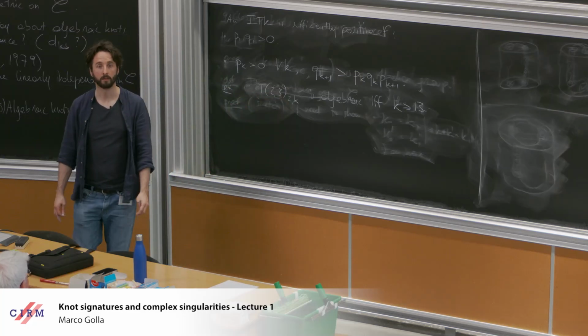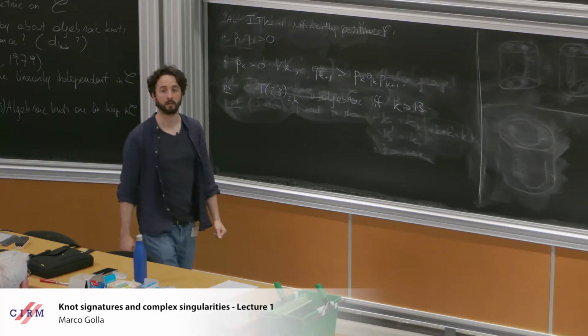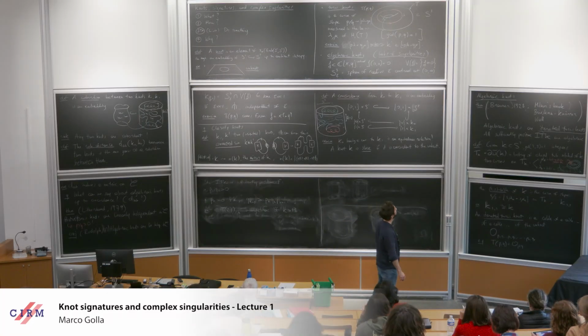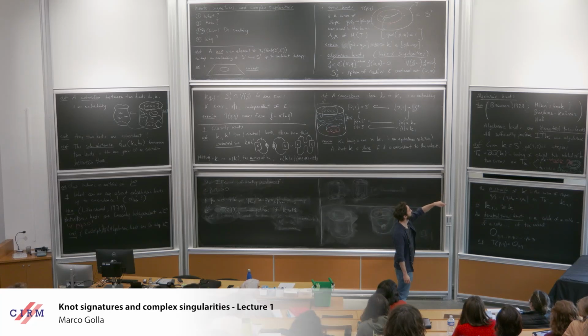So Brauner's theorem says algebraic if and only if sufficiently positive? Yeah. Not sure that's fine. Algebraic knots are iterated torus knots, and all sufficiently positive iterated torus knots are algebraic.